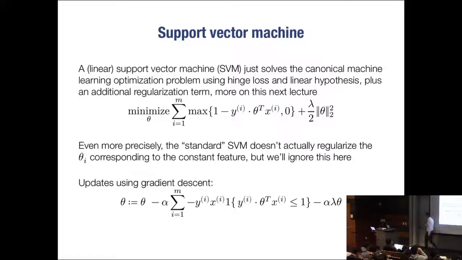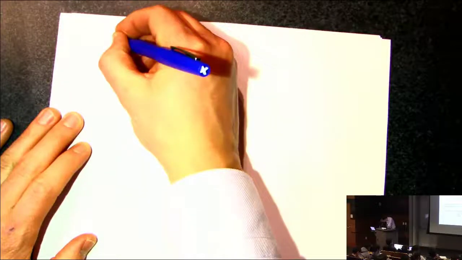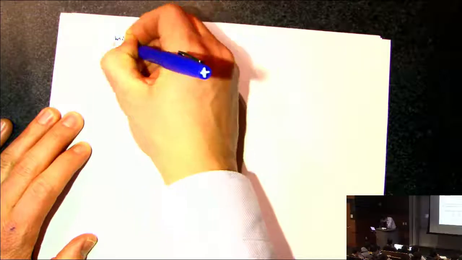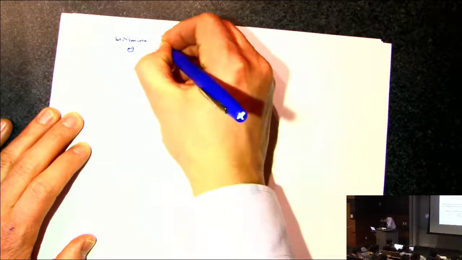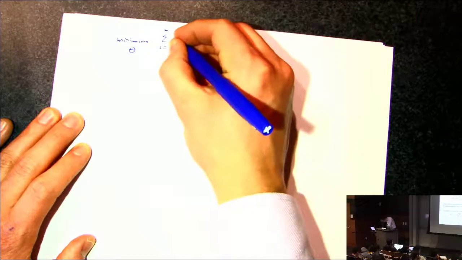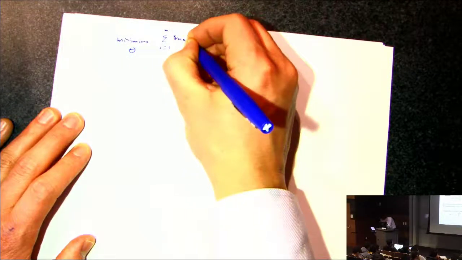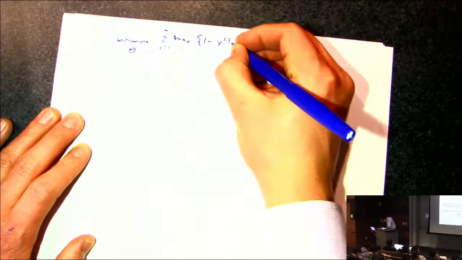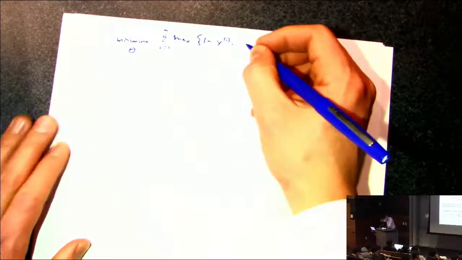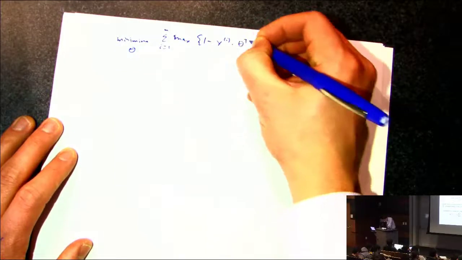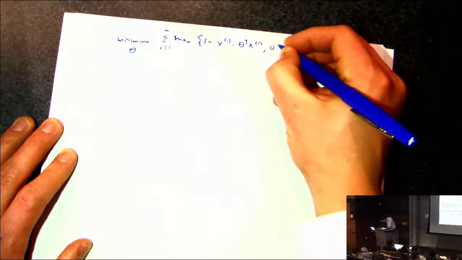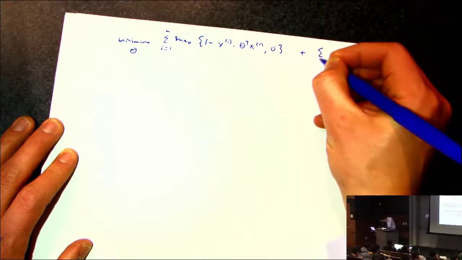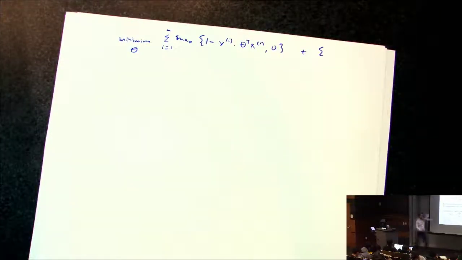So what we're solving here is: minimize over theta the sum of losses, which are hinge losses, in the form of the max of 1 minus yi times theta transpose xi, and 0, plus the regularization term, which is the squared norm of the parameters themselves.